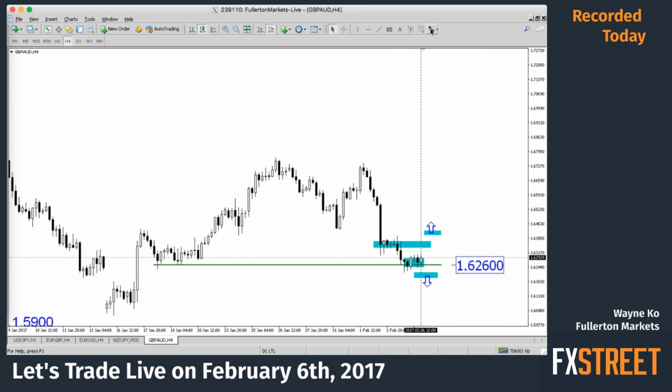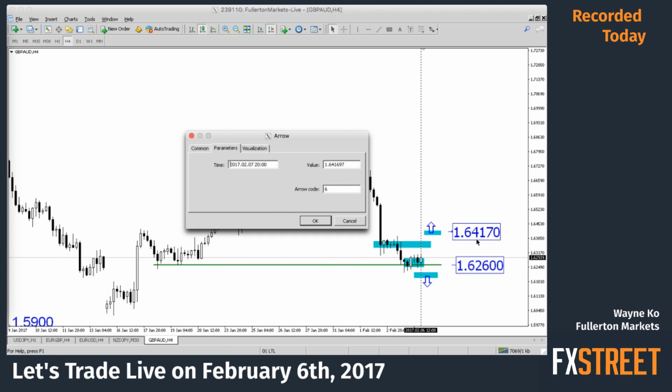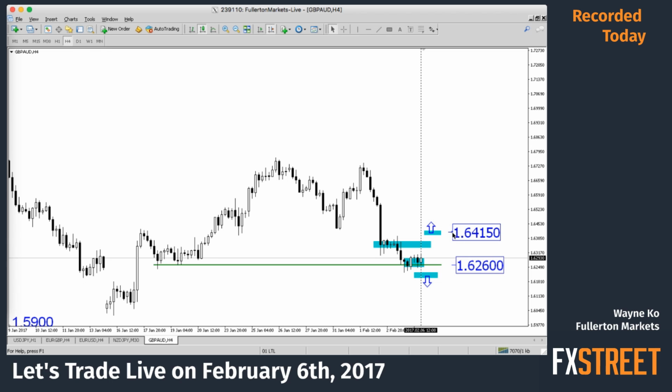So if a candle closes around the 1.6415 area, possible to consider going long.